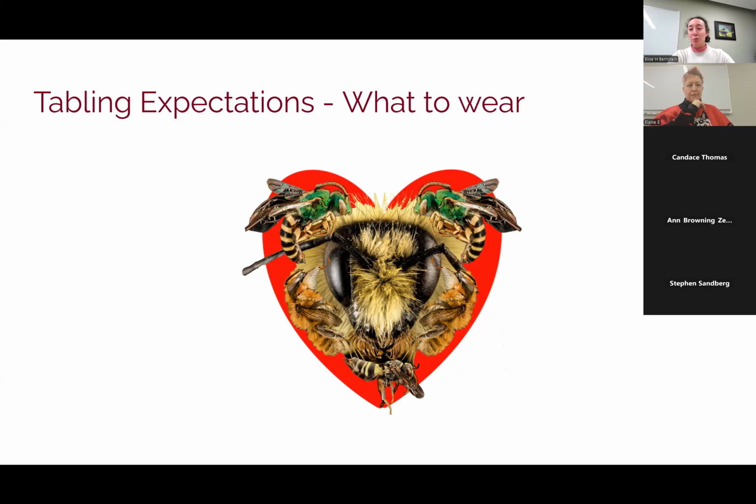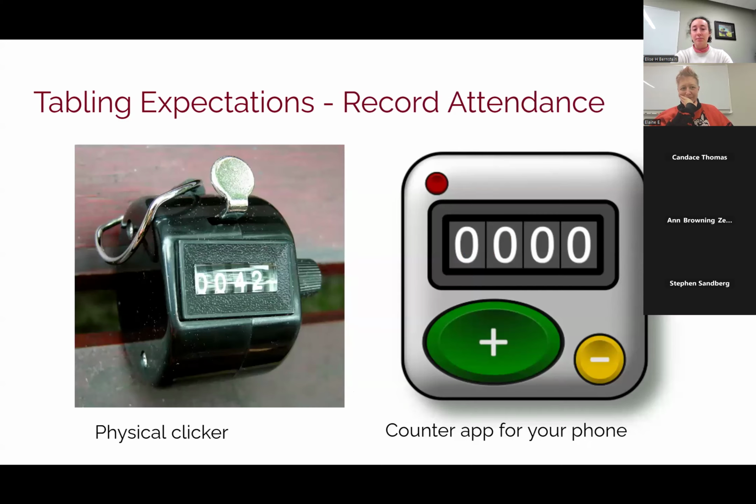We have aspirations to create buttons for you that have this cute little bee logo on them. Hopefully we will get that done before field season and send those out to our pollinator ambassadors. But just generally, you want to look presentable, but you don't need to worry about being dressed in your business professional attire.